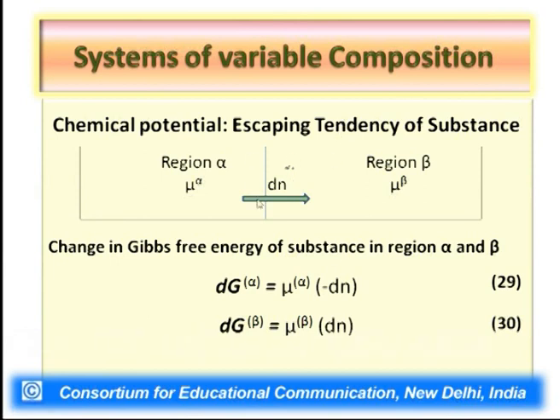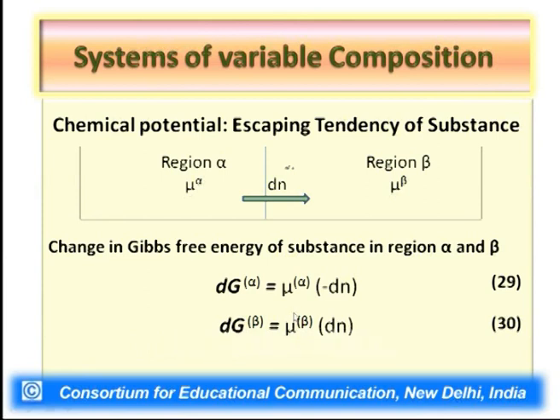It will lead to some change in the state of the system, and there will be a change in Gibbs free energy of the system as a whole. To quantify the total change in Gibbs free energy, let us first calculate the Gibbs free energy change in both regions alpha and beta and sum them up.